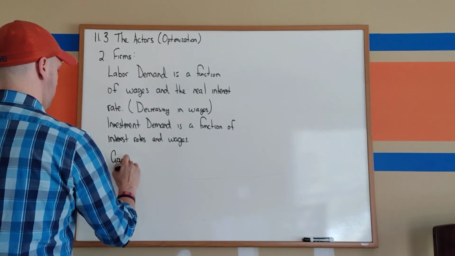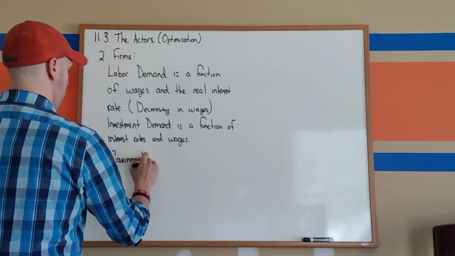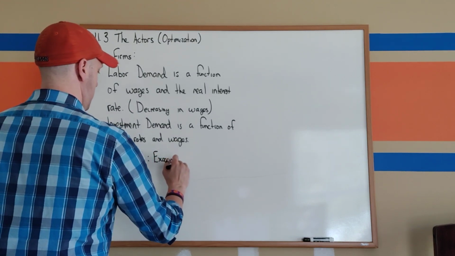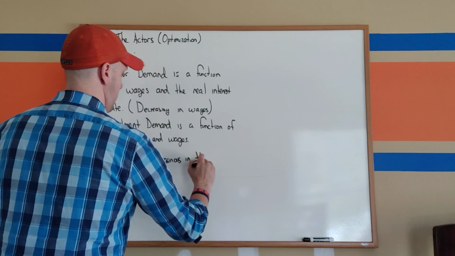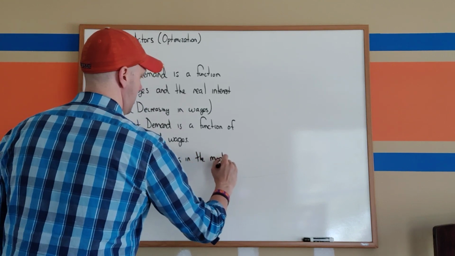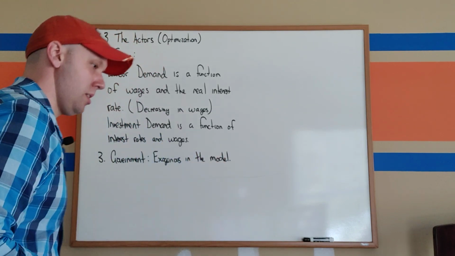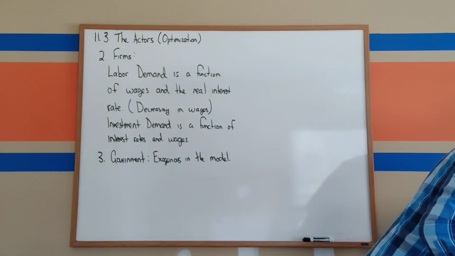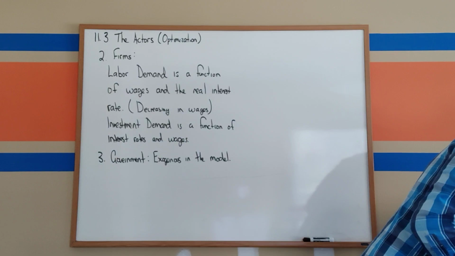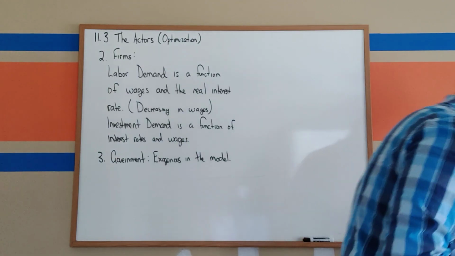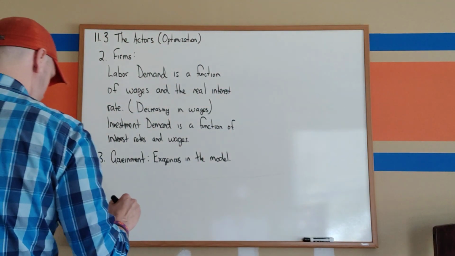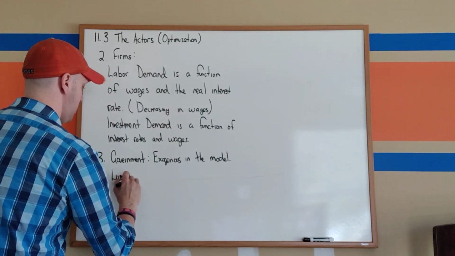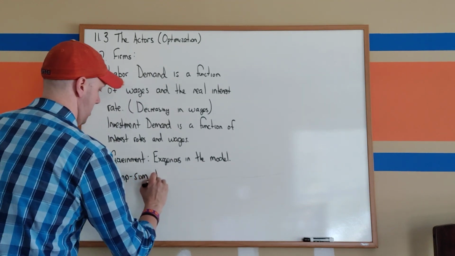We've got government. Now in this model, the government is exogenous. They make decisions totally outside of the model. They use what's referred to as lump sum taxes.